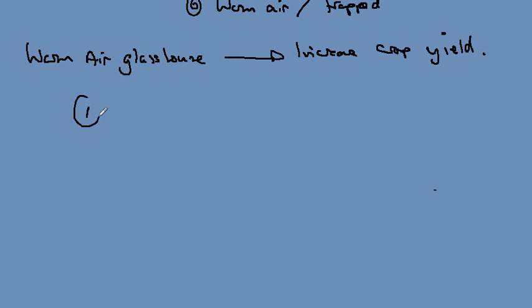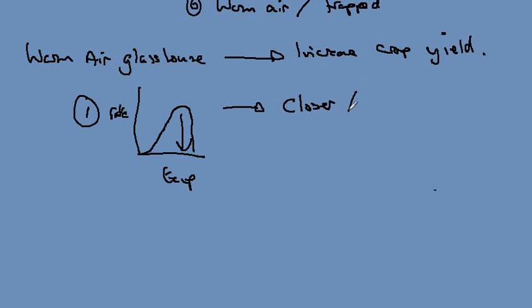Okay, the first thing is to return to the classic graph of the effect of temperature on the rate of reaction, because the higher temperatures in the glasshouse lead to closer to optimum temperatures for enzyme reactions, including photosynthesis.